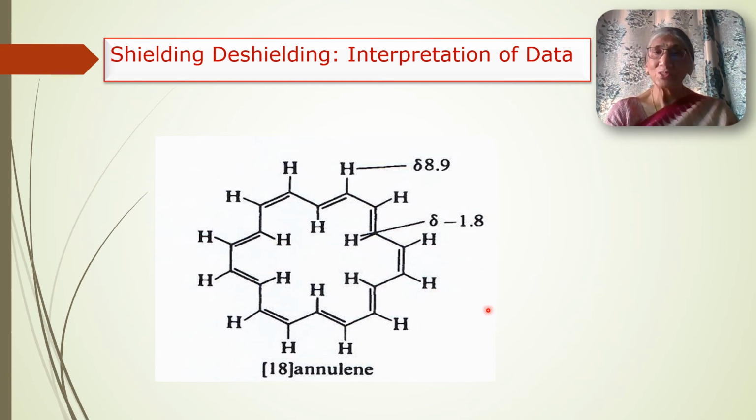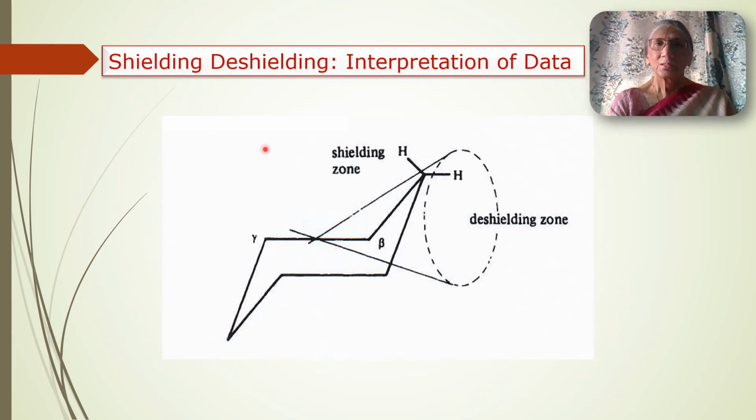This happens only when the temperature is very, very low; the shape of the spectrum changes with change in temperature. This is a very interesting example, cyclohexane. Cyclohexane, if we consider it a planar structure, then the 12 protons will be equivalent protons.